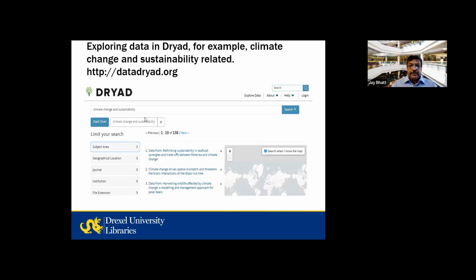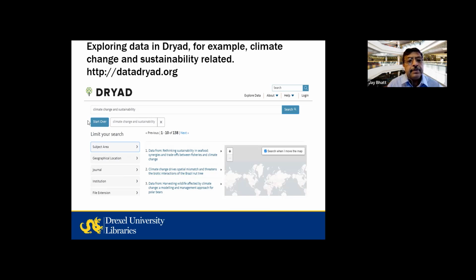And here are some examples. I'm using climate change and sustainability, but I know that a lot of nano-related data can be found as well. So nanoscience related, nanotechnology related, nanomaterials related data, all of this can be discovered through our data repositories and through journal articles.